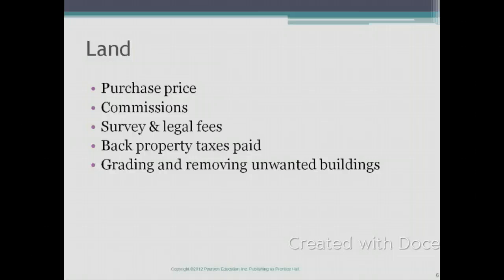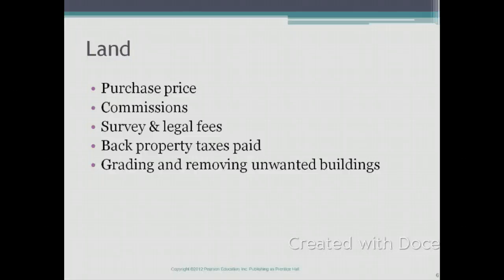You cannot buy that land until all the back property taxes have been paid, because the government owns a part of that land for the property taxes. They have a right to the property taxes, so they have the right to sell that land and recover the property taxes. So if you want to buy that land and hold the title free and clear, you have to settle those property taxes. If you have to pay for those property taxes to purchase the land, those taxes become a cost of that land.